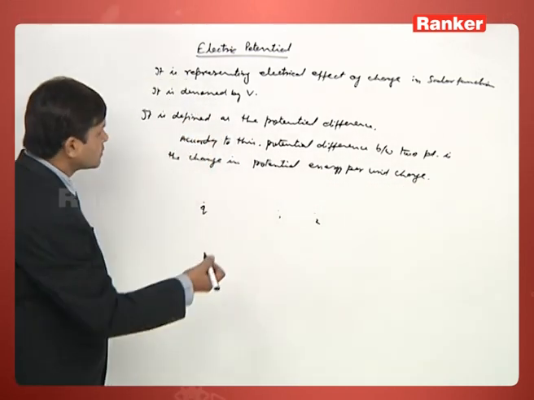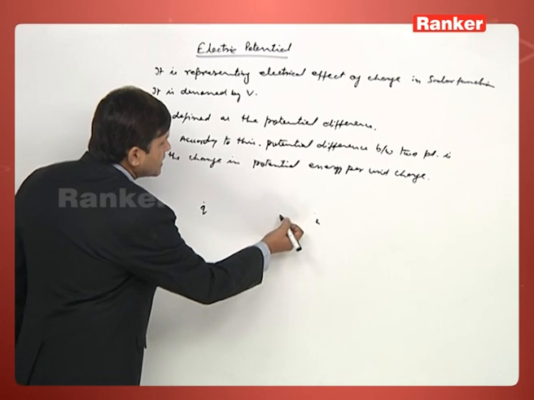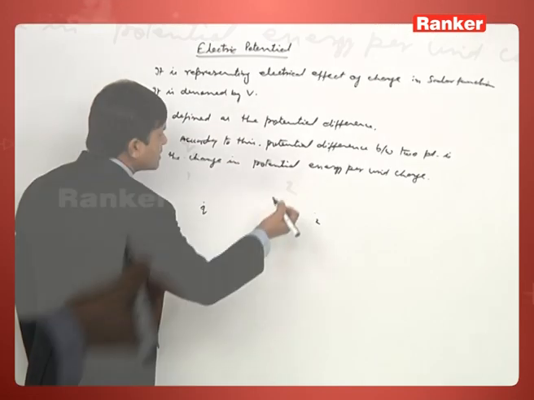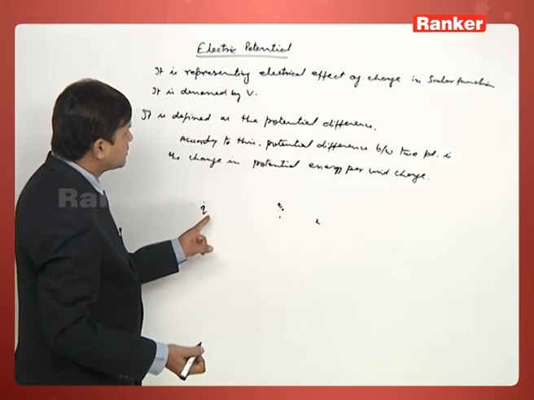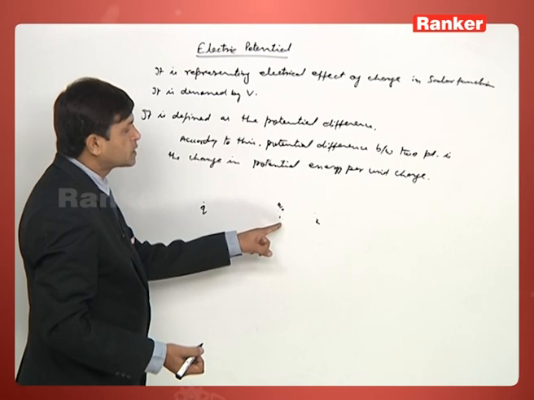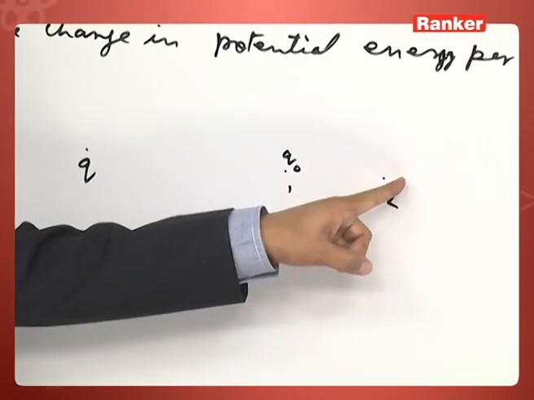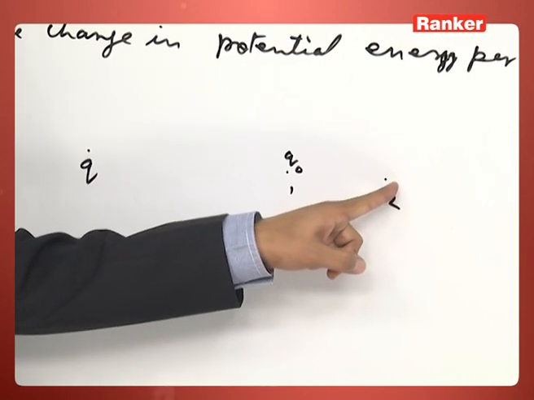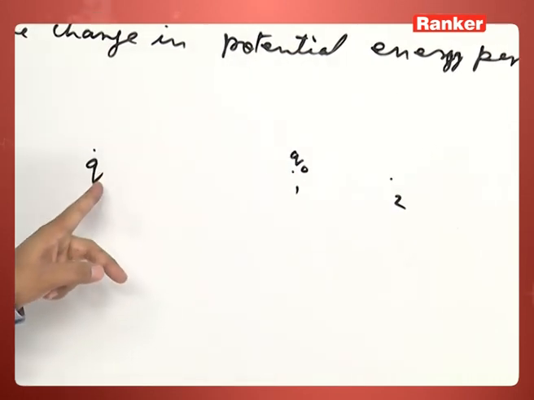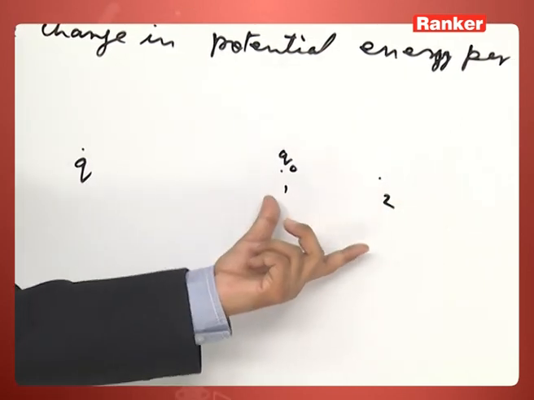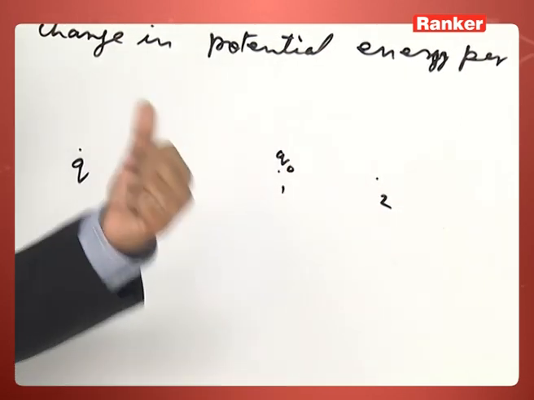So what we will do, we will put a certain test charge Q naught at position 1, then we will find the potential energy between Q and Q naught at position 1. After that we will put the charge Q naught at position 2, then we will find the potential energy between Q and Q naught at position 2. So difference of that potential energy per unit charge.